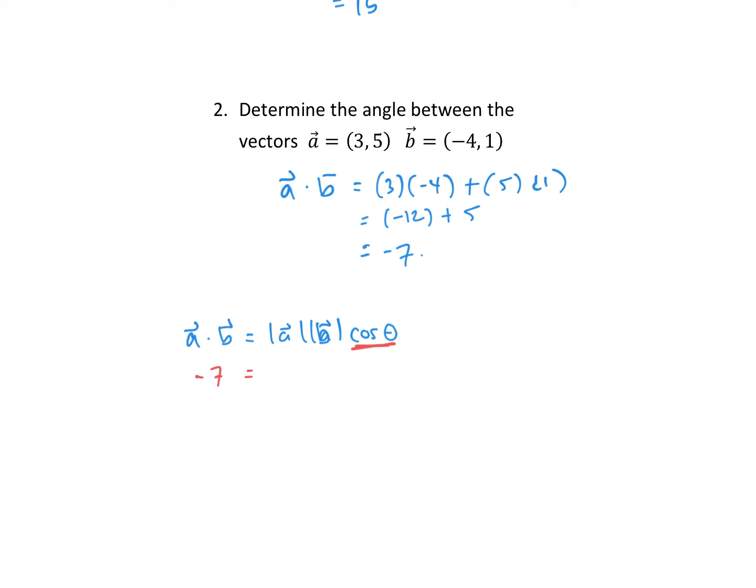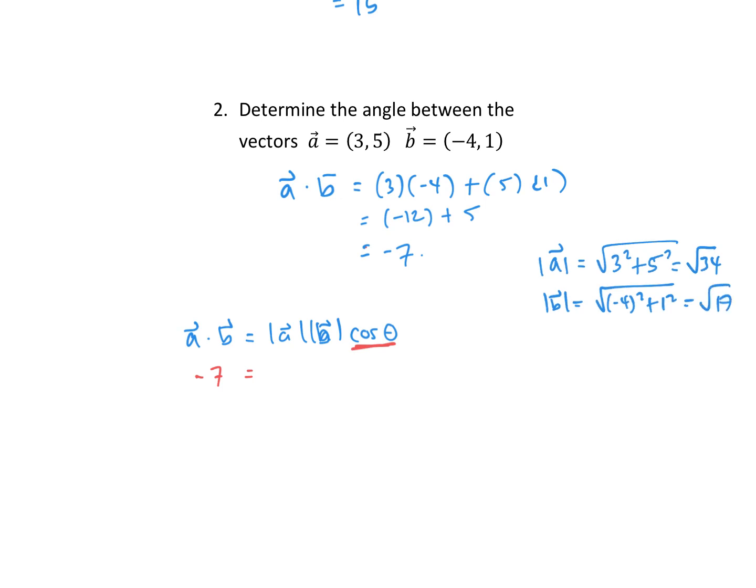We want to find the magnitude of A. Well, that's easy to find. We just use the Pythagorean theorem with the components, and we'll be able to figure out the magnitude of A. So that works out to be 25 plus 9, which is root 34. And we can find the magnitude of B, again, because we have its components. So negative 4 squared plus 1 squared is root 17.